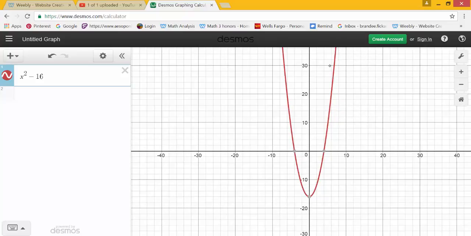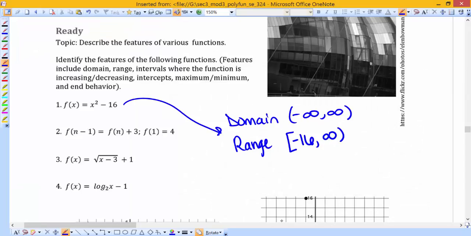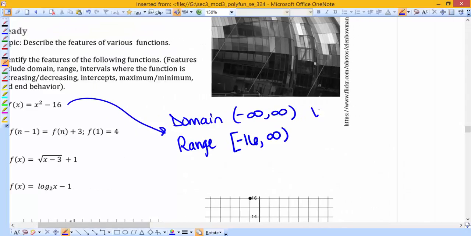That's increasing. So the left side is decreasing, the right side is increasing. So in order to write my intervals of increasing and decreasing, actually let me go decreasing first. Decreasing is coming from the left side, so negative infinity.